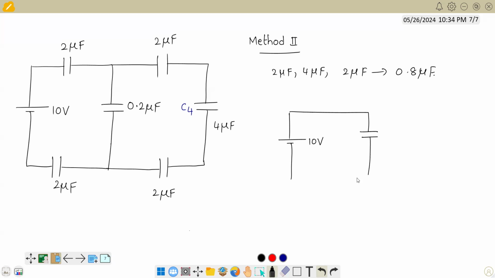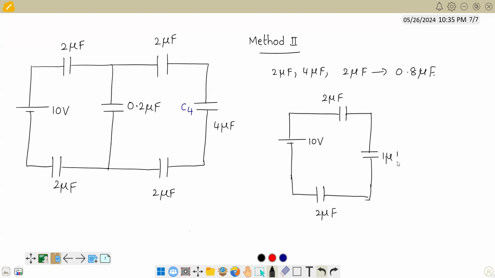This is 2 microfarad, and this entire thing would become again 2 microfarad, and this thing will become 1 microfarad. Let us try to find what's the charge that is flowing in the circuit.